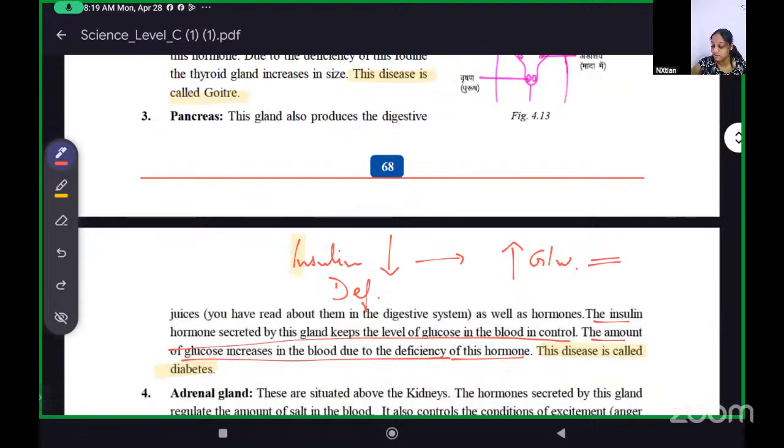So it leads to a health condition called diabetes.